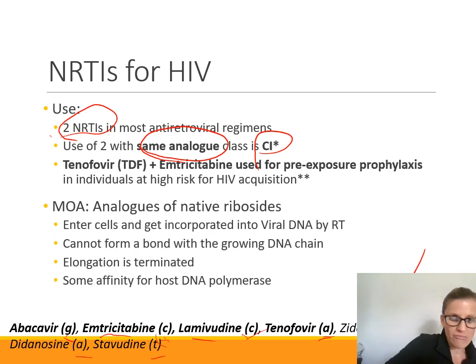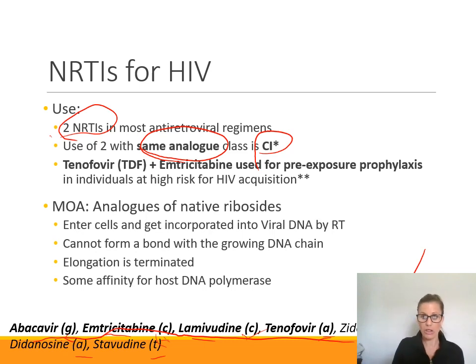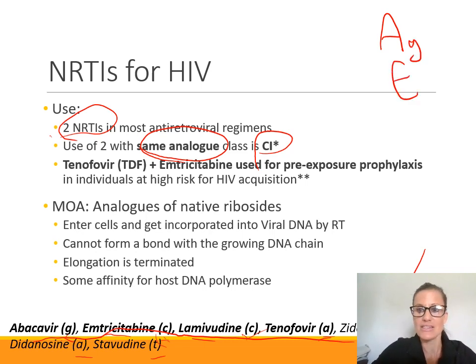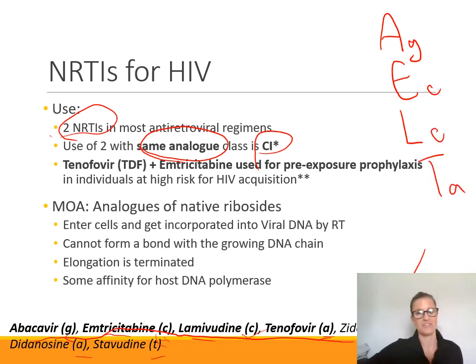The way that I've memorized these key drugs and what their analog class is is with the saying, all good elephants can lift conspicuous trunks aloft, right? Picture an elephant lifting its trunk. So all good elephants can lift conspicuous trunks aloft.